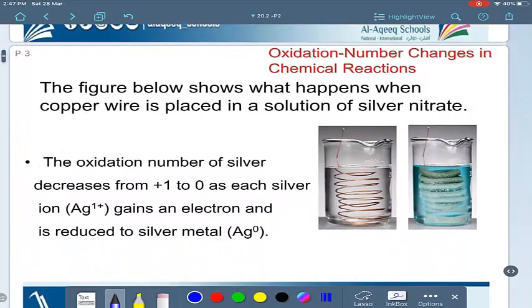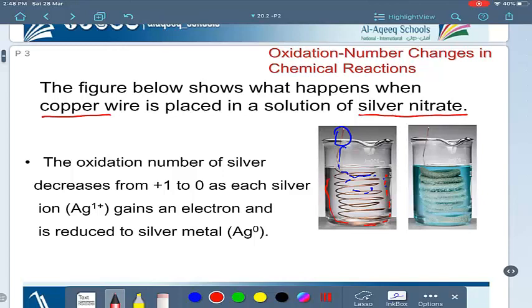First, look at this experiment, which has a redox reaction. If you bring a piece of metal like copper, this is copper, and put it in a solution of silver nitrate, you place a copper wire in it and leave it.